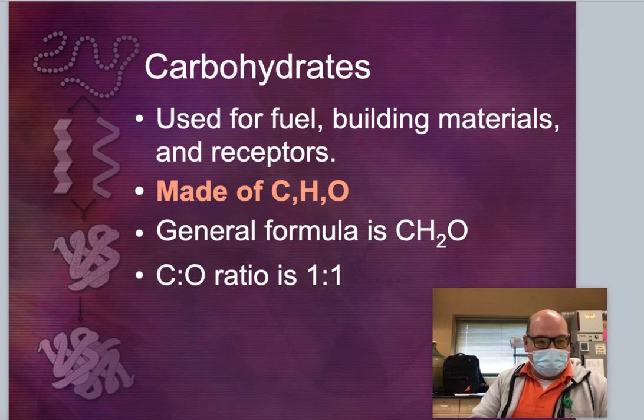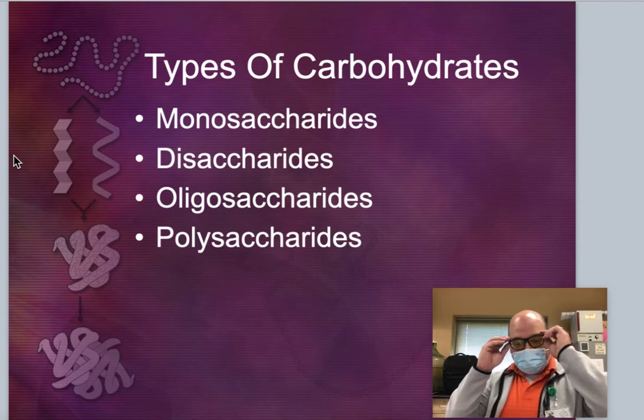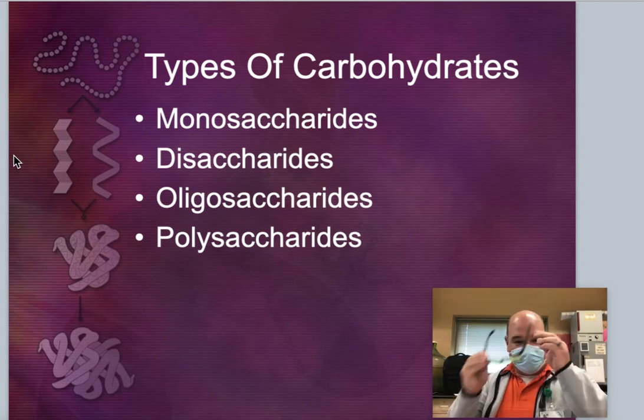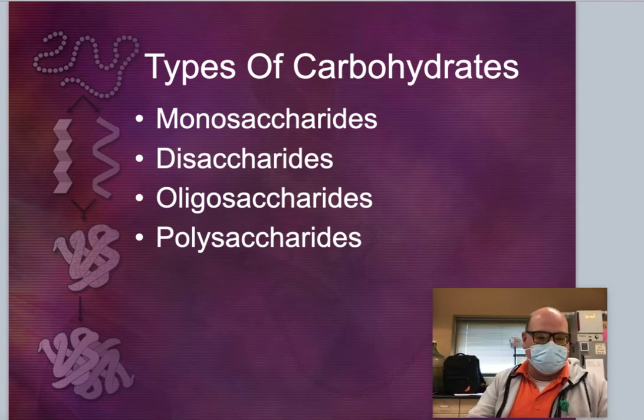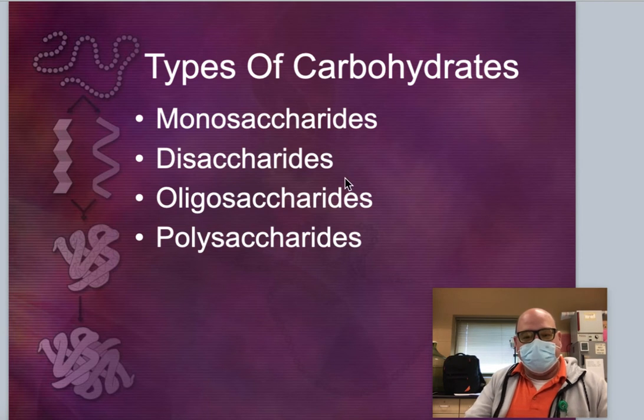All right, let's go on. There's different types of carbohydrates, and they break up into these couple words here. I'm going to talk about each one of these individually, but saccharide means sugar or sweet, I think in either Greek or Latin. I can't remember which one. It sounds like it might be Greek. I don't know. It might be Latin.